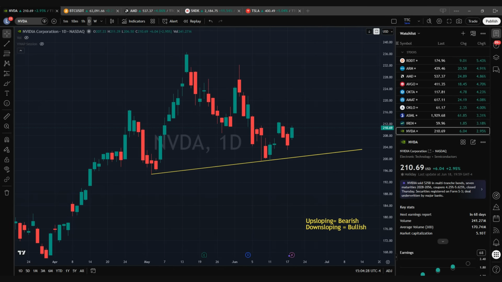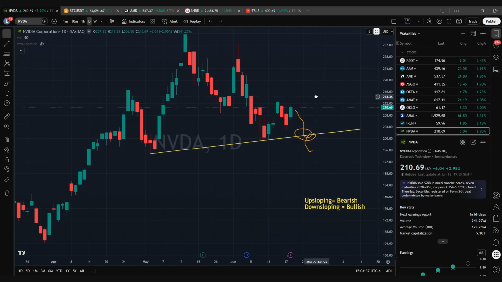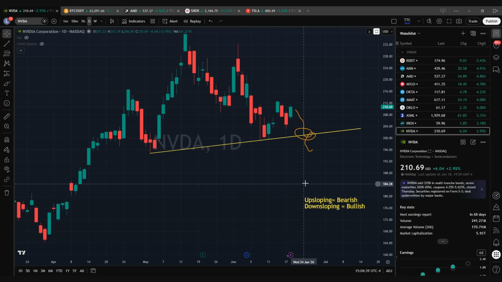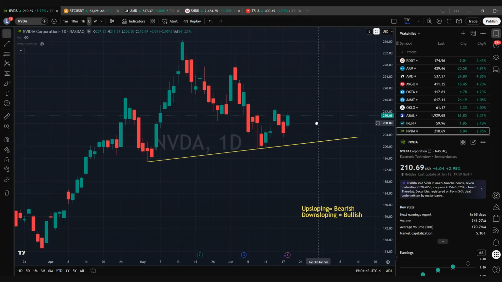What does that mean? That means that if Nvidia were to come down and break this trend line and then confirm below, it favors a move lower. So this week, to the downside, this is what I'm going to be watching. Say Nvidia comes down, breaks this, closes right here.